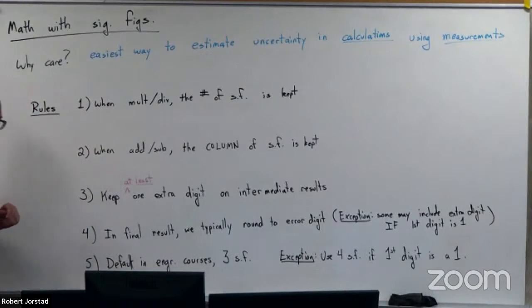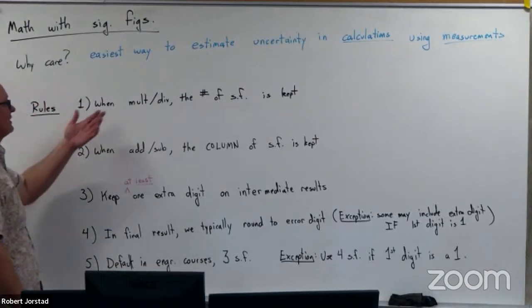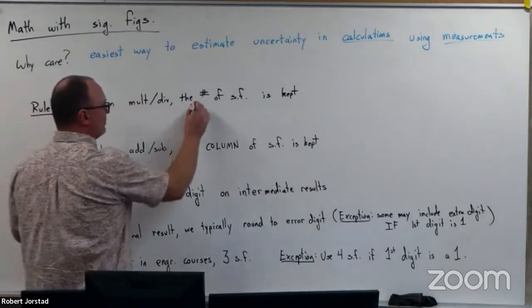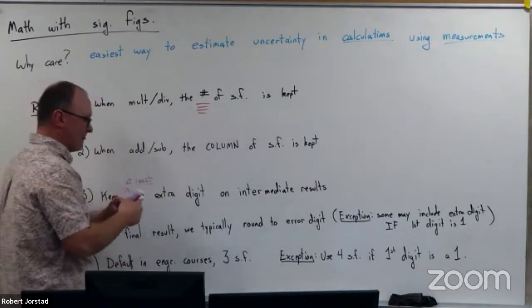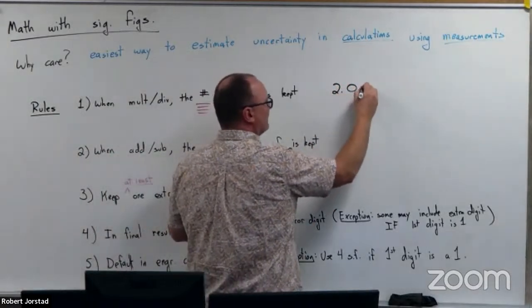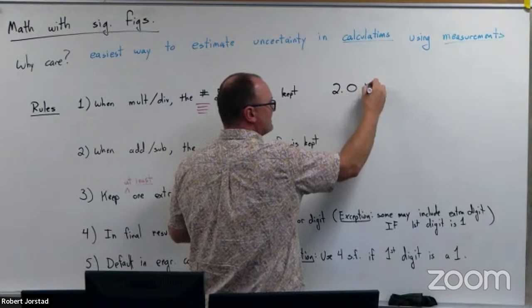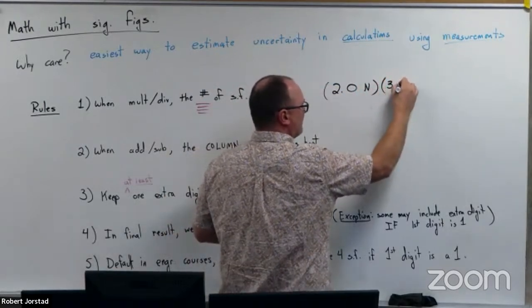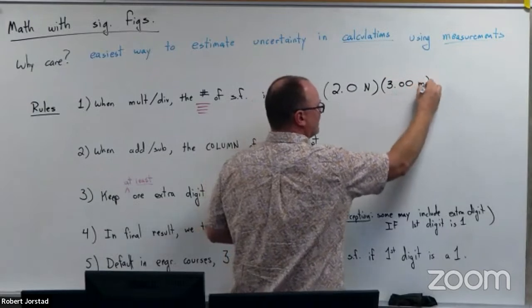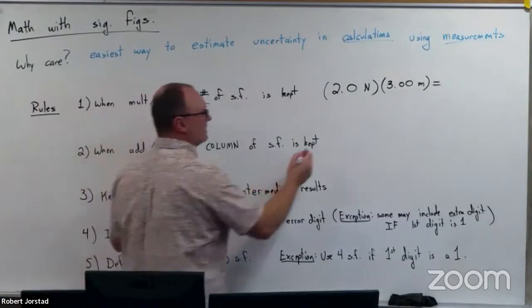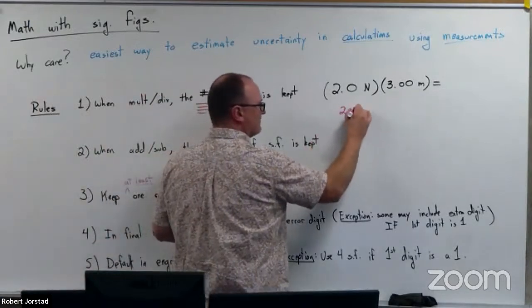When you're doing multiplication or division, the number of sig figs is kept. And this is the rule that everybody's usually pretty good at. So for example, if I had 2.0 newtons times 3.00 meters, in this case, this number has 2 sig figs.